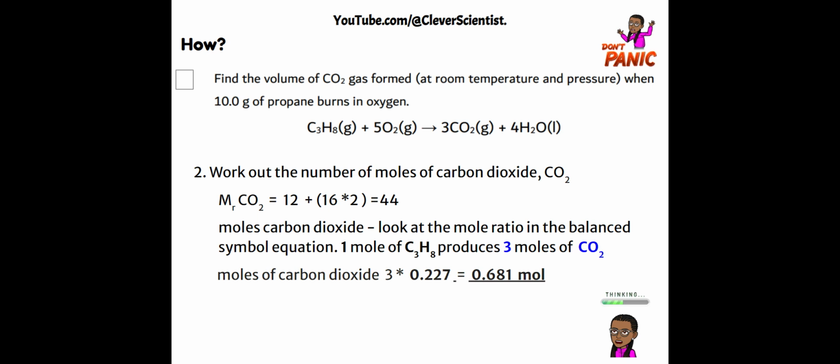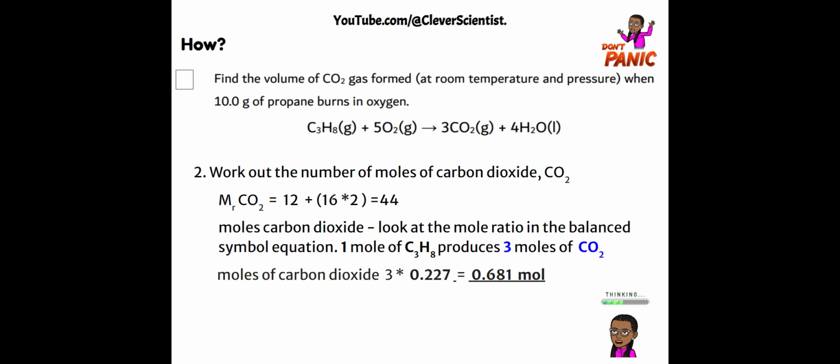Next, we've got to work out the number of moles of carbon dioxide. We use the same formula: moles is equal to mass divided by formula mass. In this particular example, if we look at the mole ratio in the balanced symbol equation, we can see that 1 mole of propane produces 3 moles of carbon dioxide.